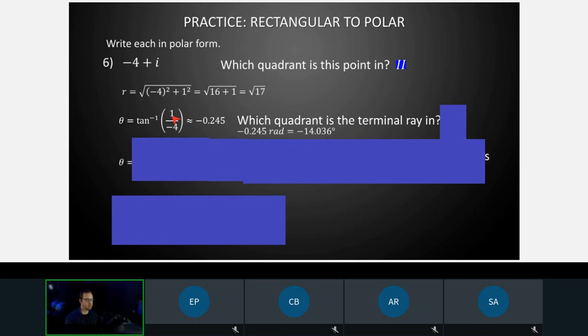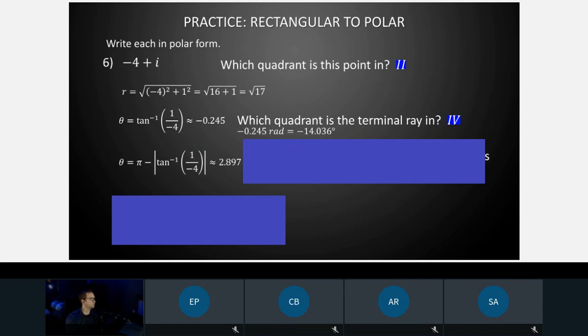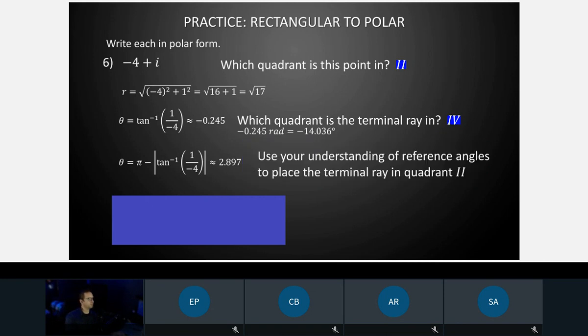And that will make it positive and put us in quadrant 2. All right, and once you have that, you just write your answer.